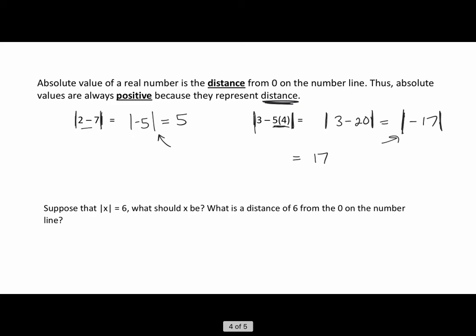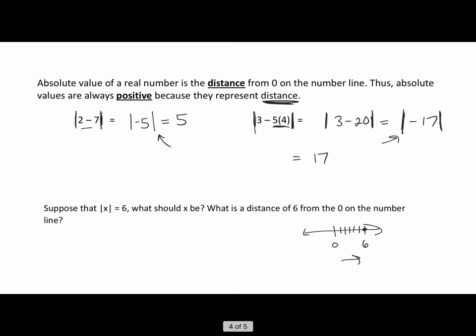So suppose that the absolute value of x equals 6. What should the value of x be to make that true? What is a distance of 6 units from 0 on the number line? Well, let's look. There's 0, 1, 2, 3, 4, 5, 6.